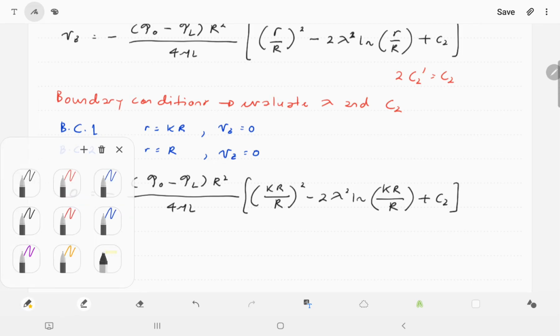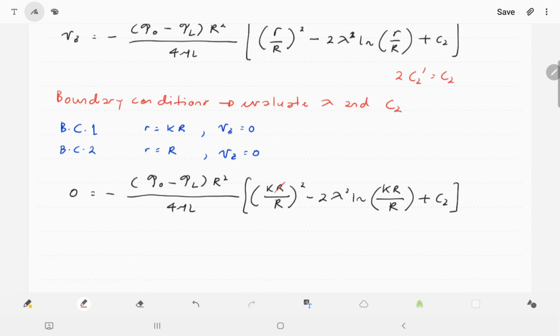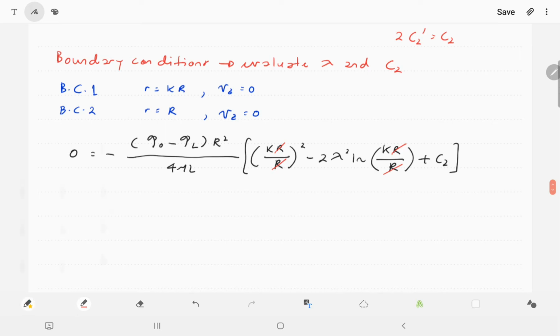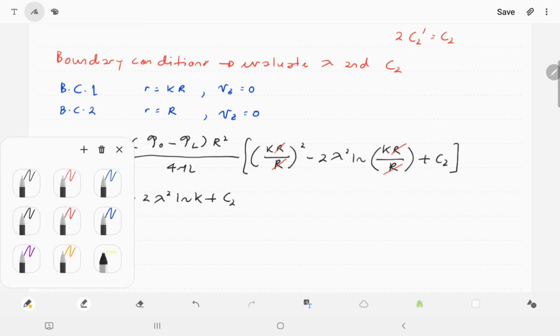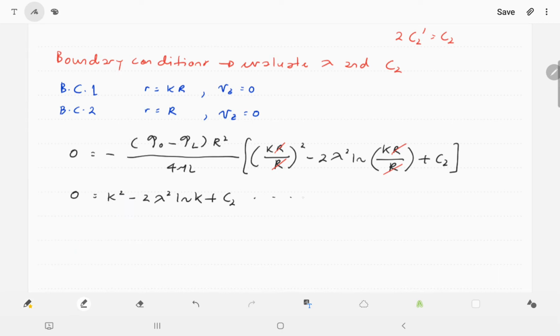Then we can cancel this R over R, and simplify this into 0 is equal to k square minus 2 lambda square ln k plus C2. And this equation we define as equation A.